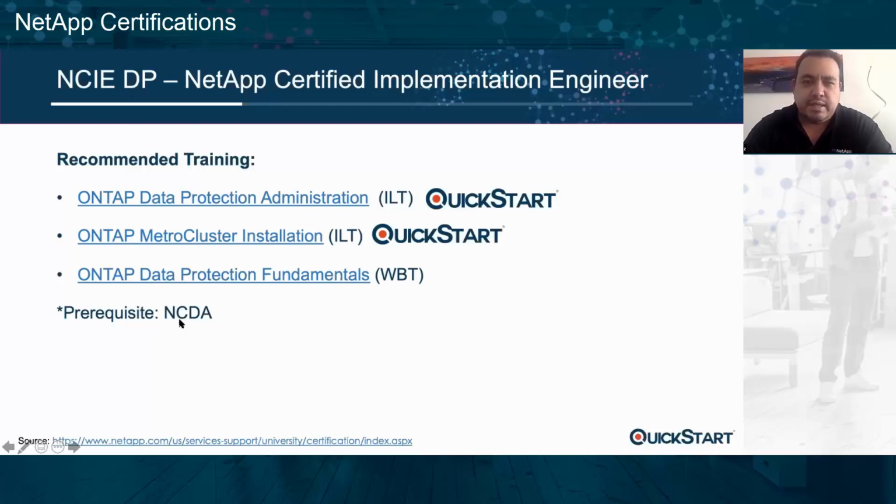Okay, so as you can see, you don't need the NCTA as a prerequisite. The NCTA is the associate level. If you want to go to an NCIE, you have to pass the NCDA first. It doesn't matter if you have the NCTA, but you need to pass NCDA so you can go to NCIEs.